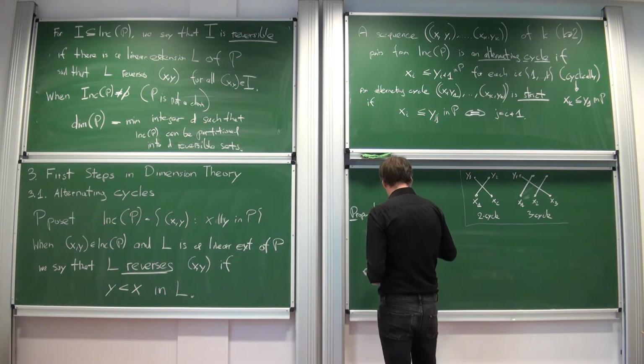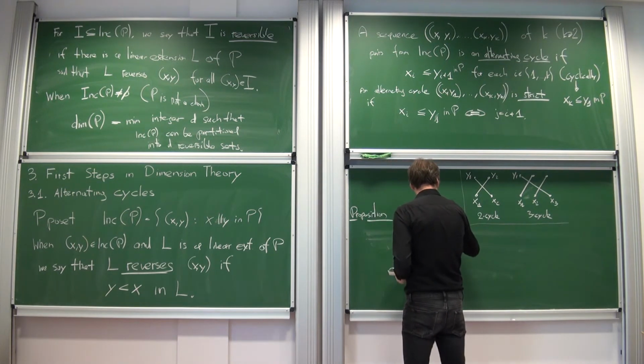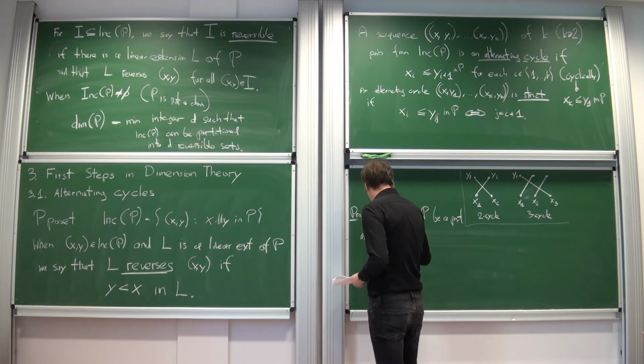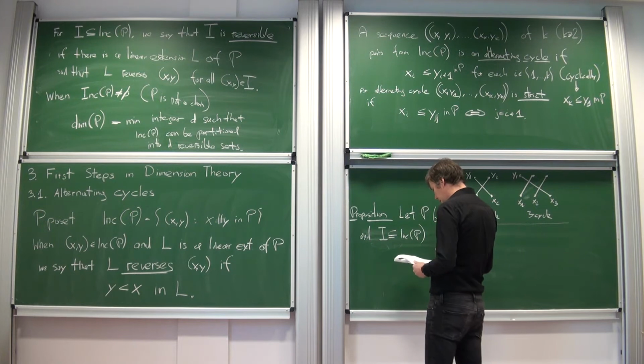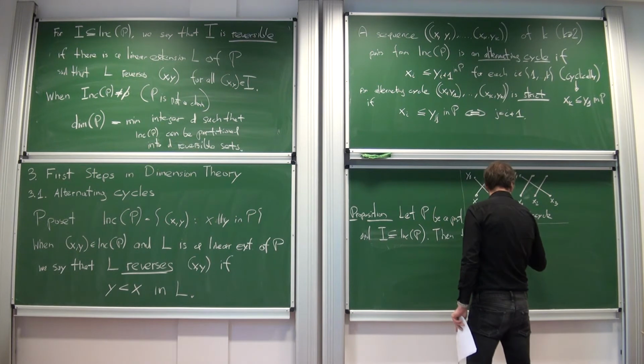The proposition is that when P is a poset, and I is a subset of the incomparable pairs, then the following conditions are equivalent.